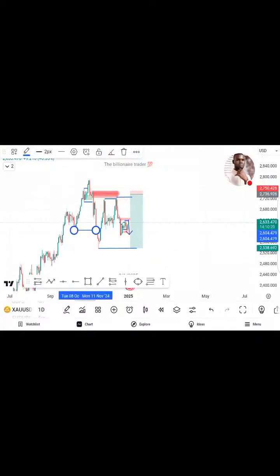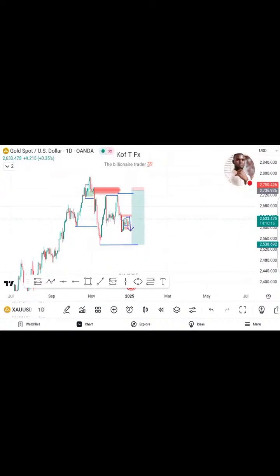Price already took out this low and this is the next low to be taken out. That's just it.